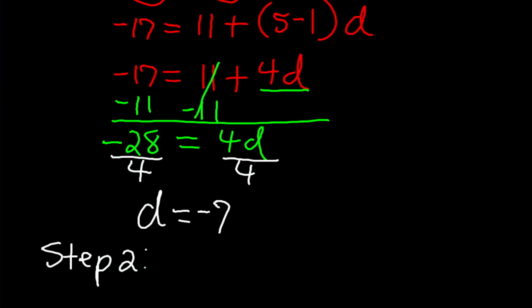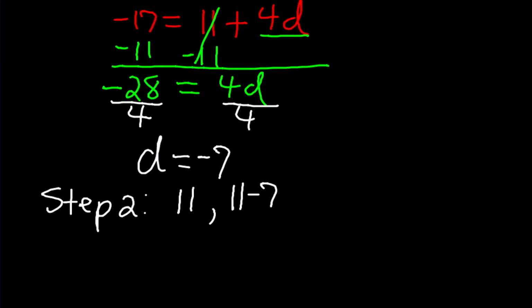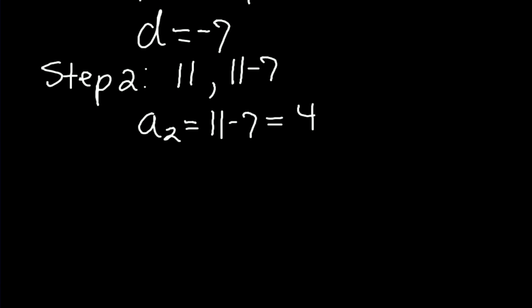Well, remember my first term was 11. To find the second term, I add my common difference to that. So a sub 2 is going to be 11 minus 7, which is going to be 4. Then I want to find the next term, a sub 3.